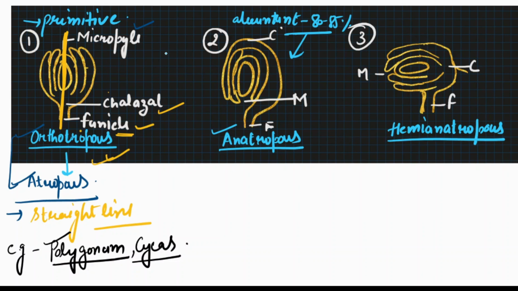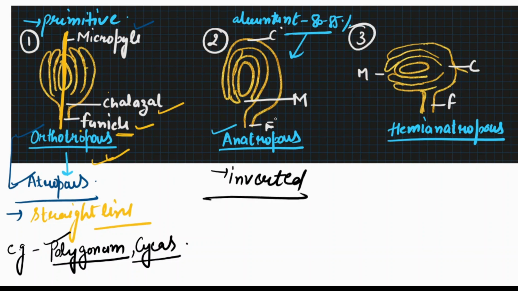Okay, now what is the feature of Anatropous ovule? If you all can see here, in Orthotropous, these 3 ends are in the straight line, and if you can see here, in the Anatropous ovule, the ovule is inverted.